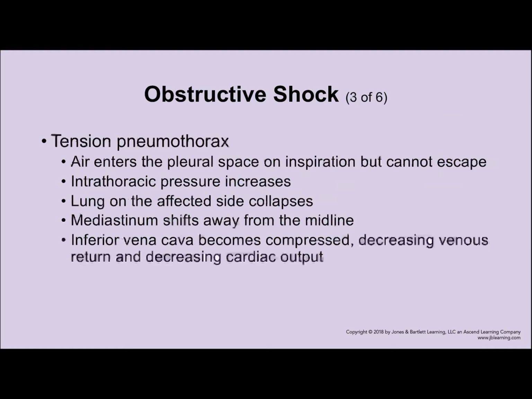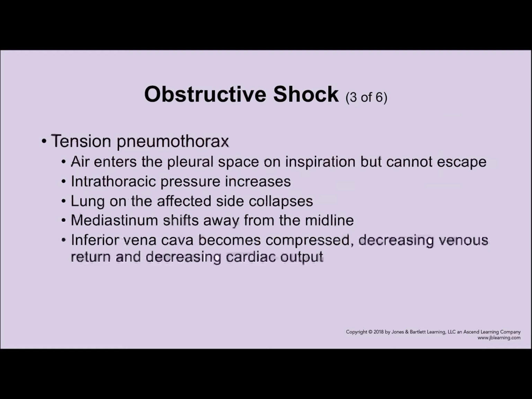And because the intrathoracic pressure is increasing in the chest, the lung on that affected side can often collapse down. By the lung collapsing down, the mediastinum, or the central structure or chamber that holds the heart and some other vital structures, can shift away from the midline towards that collapsed lung.